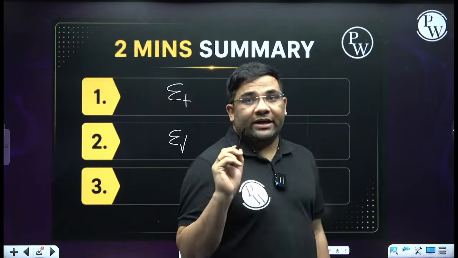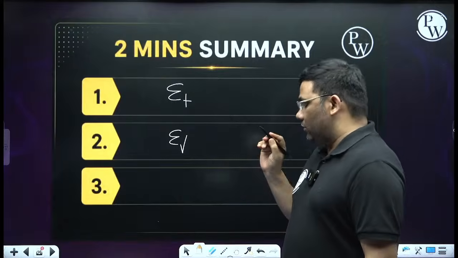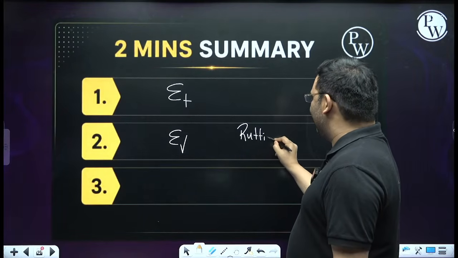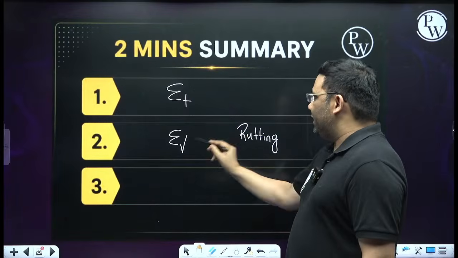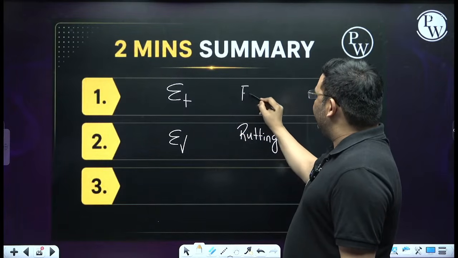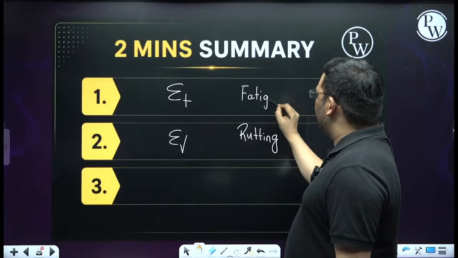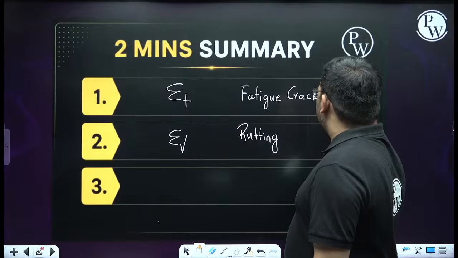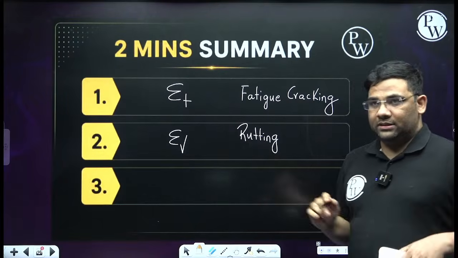Rutting is due to vertical compressive strain, and fatigue cracking is due to horizontal tensile strain. I discussed this in detail.